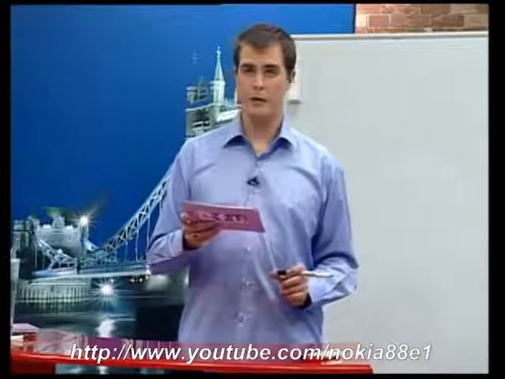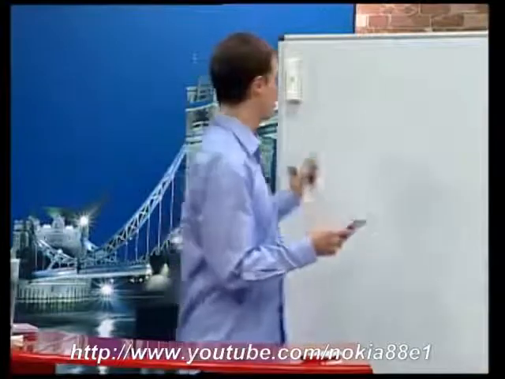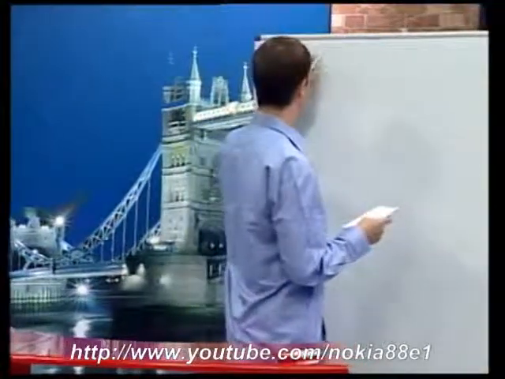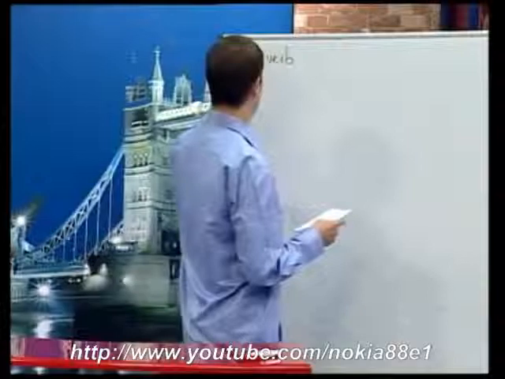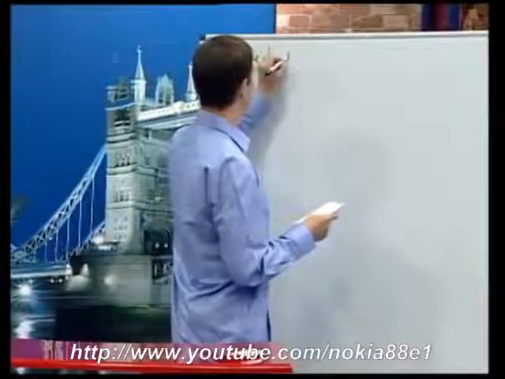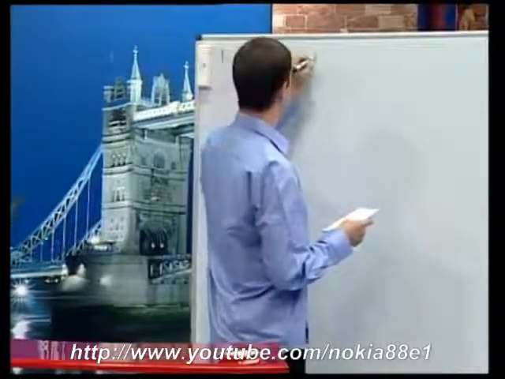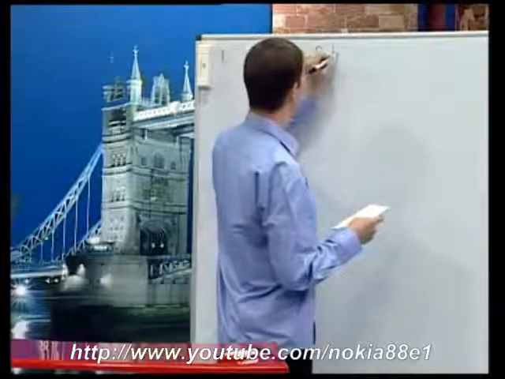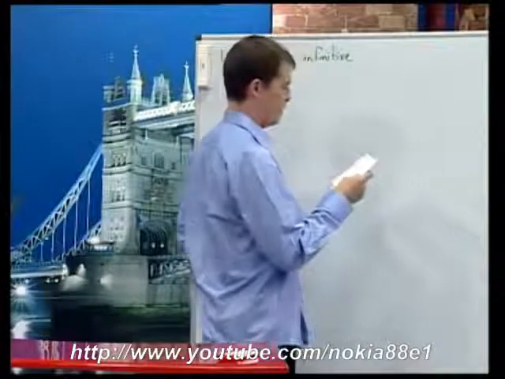Now, when some verb forms are used after a verb, they must be followed by the infinitive. So we have one example: verb plus infinitive.